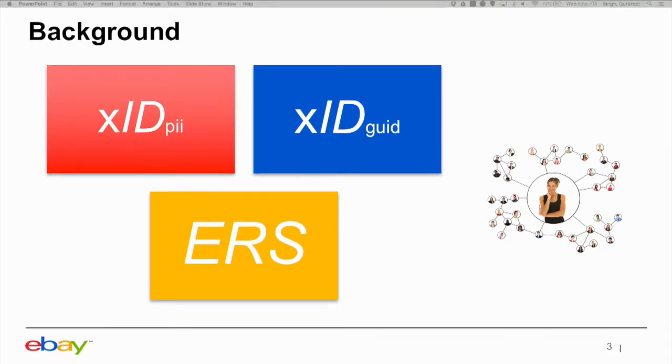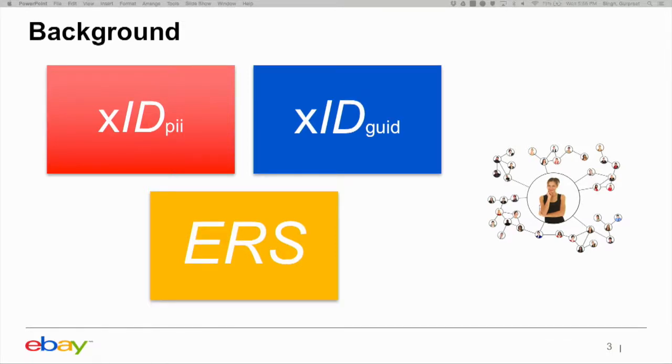And this prompted us to go the entity resolution service route. So you have the graph created using PII, various touchpoint information. You have another graph which correlates this touchpoint information, this PII information with the GUID activity. And then the ERS joins both of those and gives you a comprehensive view of what a particular identifier is doing.